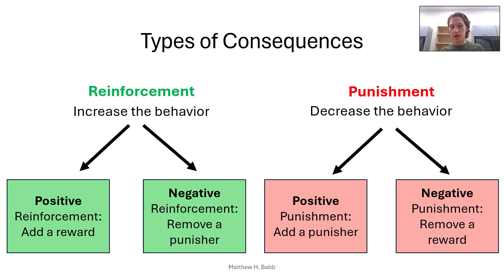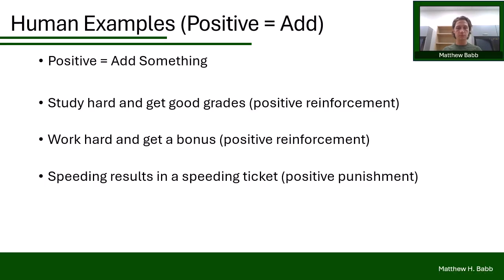This is often how parents will punish their children, right? They will take things away, give you a time out, which takes away your freedom, take away your car keys, take away your phone. You're removing something in order to decrease the negative behavior that the teenager or child was involved in. So these are the different types, and I'll go over everyday examples right now so you can get some practice with that.